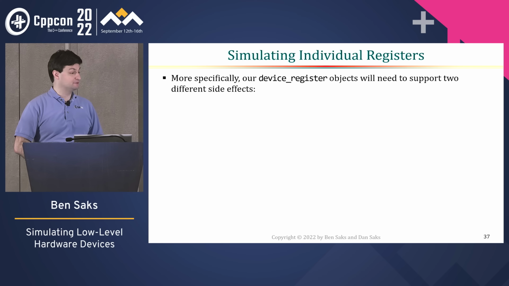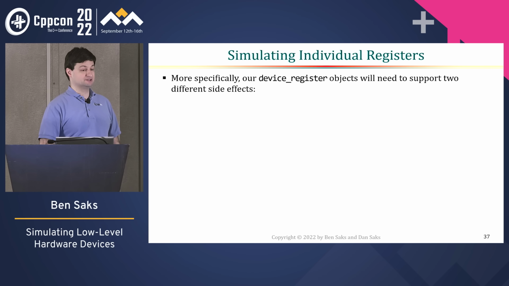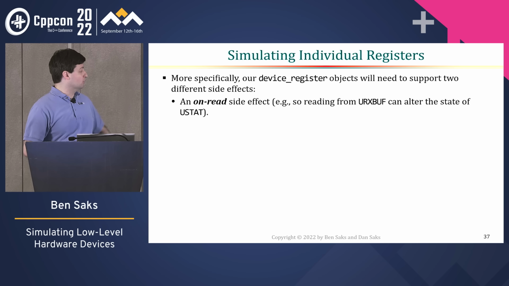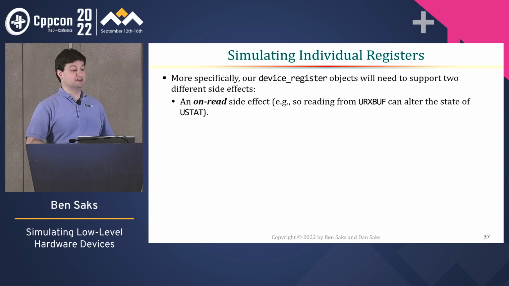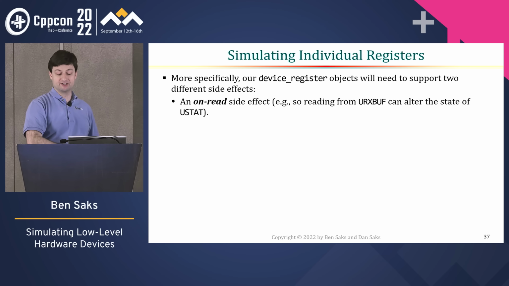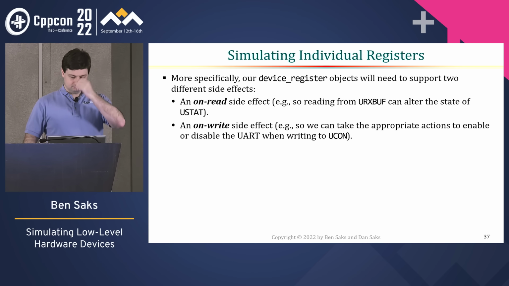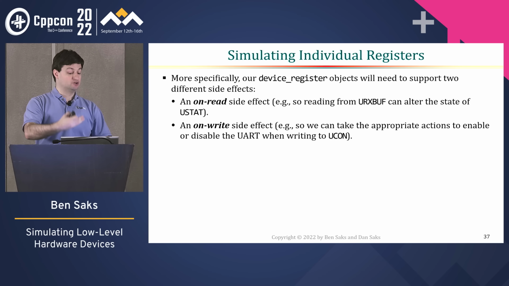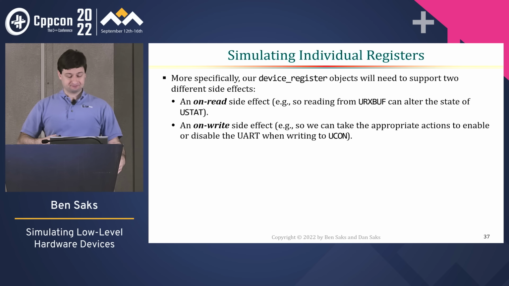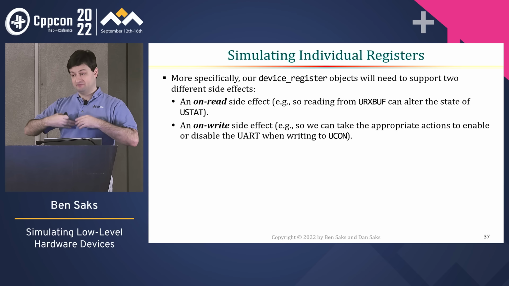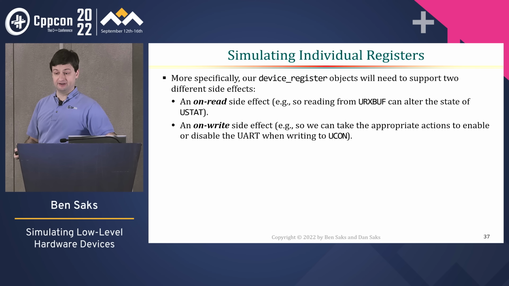And specifically, we're going to have two different kinds of side effects that we're concerned with. An on-read side effect for dealing with things like reading from the receive buffer, as I just mentioned, and also a write side effect, so that when we write to a control register to do something like enable or disable the UART, that can have the appropriate effects in our simulated environment.